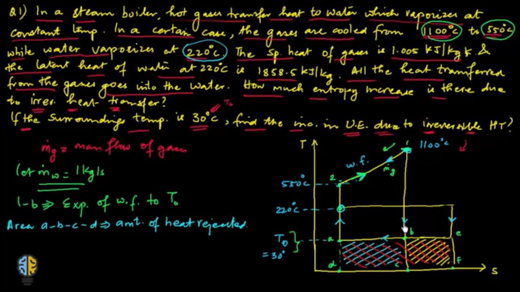Now, the increase in the unavailable energy due to the irreversible heat transfer is given by the area BEFC.